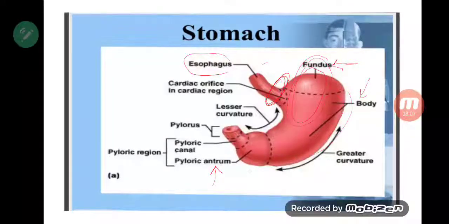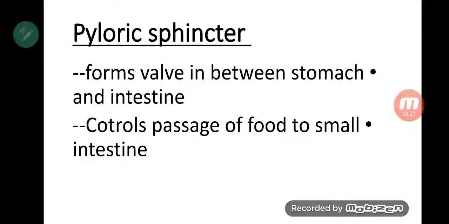The lower extended part is called the greater curvature. The greater curvature is like a curve, and here is the lesser curvature, the smaller part, superior. The pyloric sphincter forms a valve between the stomach and the intestine.